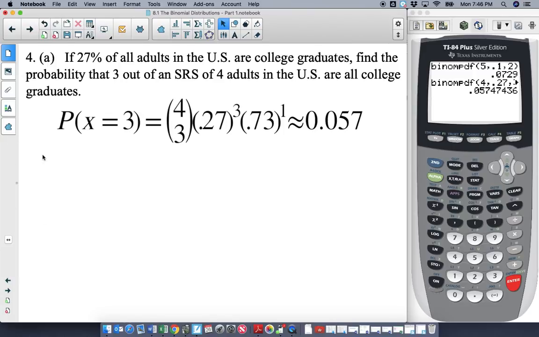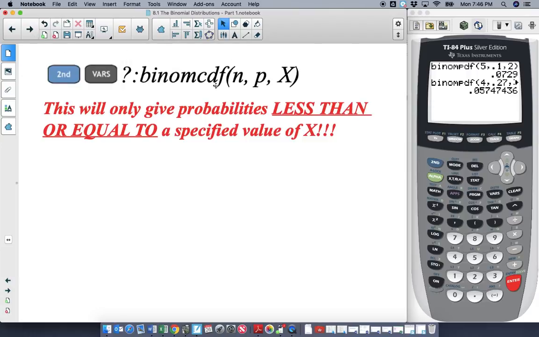All right, now before I go on to the next one, I want to show you what that binomial CDF in your calculator does. So this is probably letter A or letter B, but it just depends on your calculator. It is also obviously in second vars, and you're still putting these in the same order, n, p, x. But here's what this does. The binomial CDF is the binomial cumulative distribution function. So it's going to give you everything less than or equal to a specified value of x.